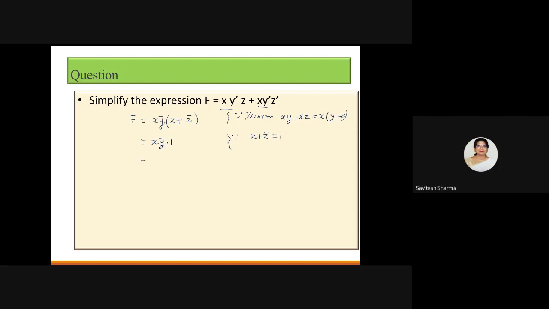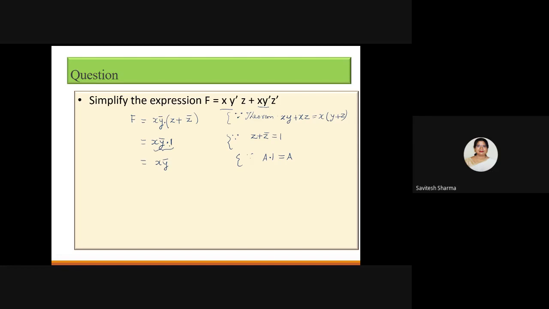Now again I am using a theorem where a dot 1 is equal to a. You need to remove the 1. So you are writing x y bar. How do you come out with x y bar?